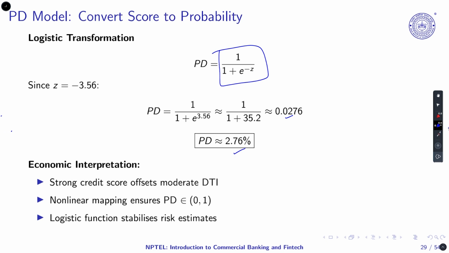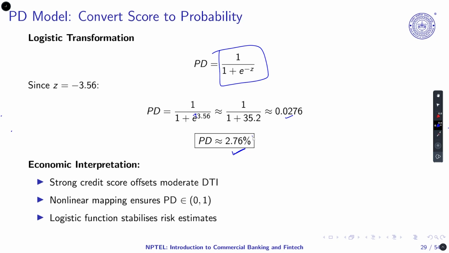Now to convert the score to probability, the probability of default is 1 upon 1 plus e minus z, so PD is nothing but 1 upon 1 plus e power the value we got, minus 3.56. Since there is a minus here and a minus already there, it becomes plus. So we get the probability value 2.76.